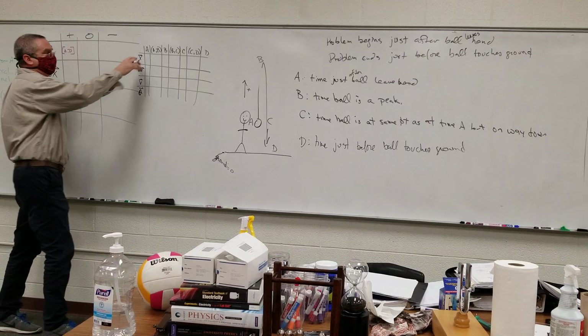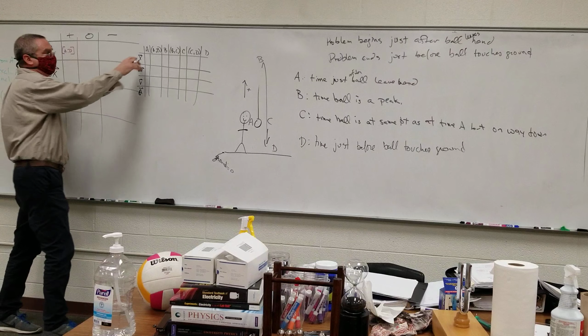So I'm going to mark down, this is A, B, C, and D. These are not spaced out properly given the situation here. The time going from C to D probably is going to be a lot less time than from B to C, but again, it's a sketch.